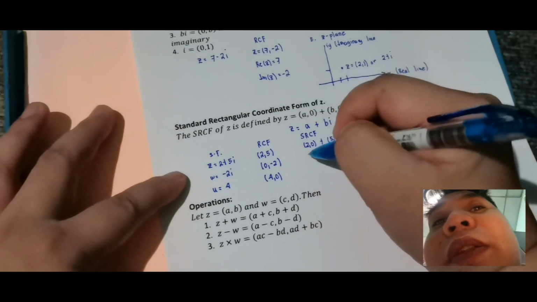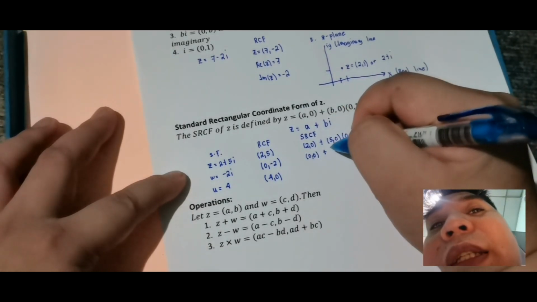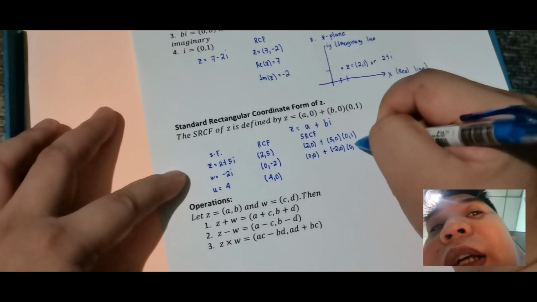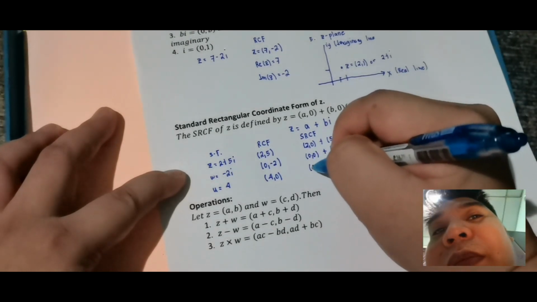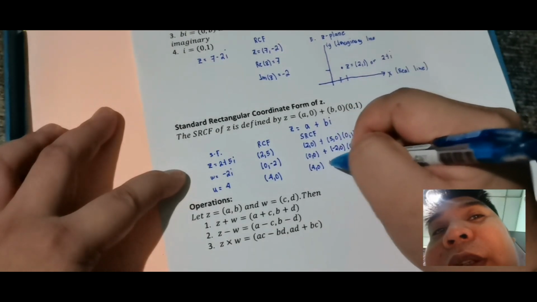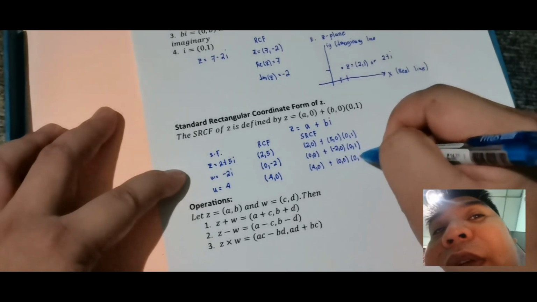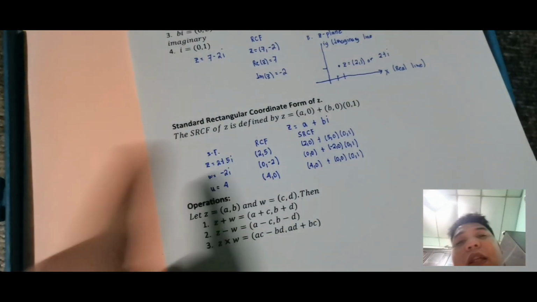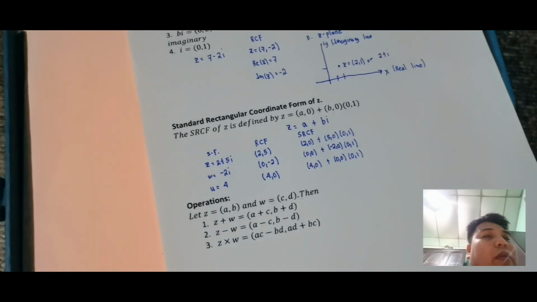Next, dito is 0, 0 plus negative 2, 0 times 0, 1. Okay, next this is 4, 0 plus 0, 0 times 0, 1. Again, huwag kalimutan, hindi porket 4, 0, hindi ka na maglalagay nung imaginary part. Lagay mo pa rin 0, 0 times 0, 1. So, understood yan. So, tandaan yan.